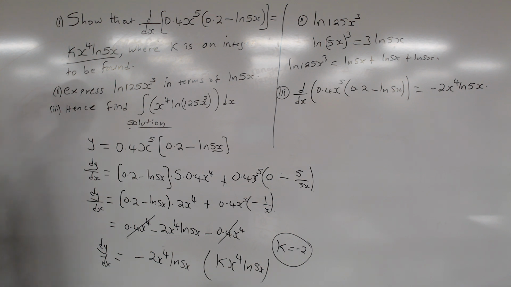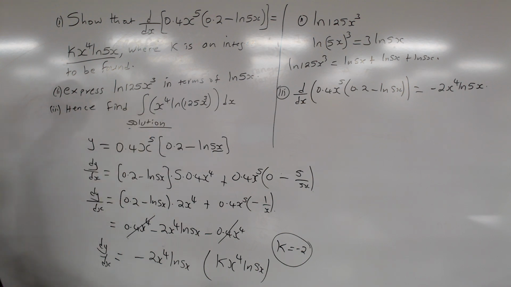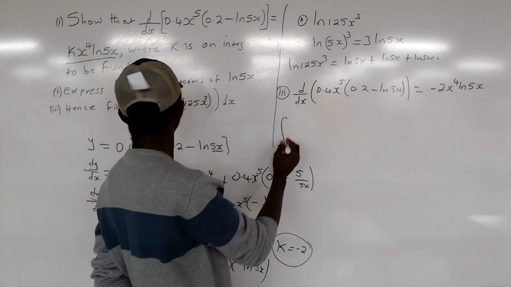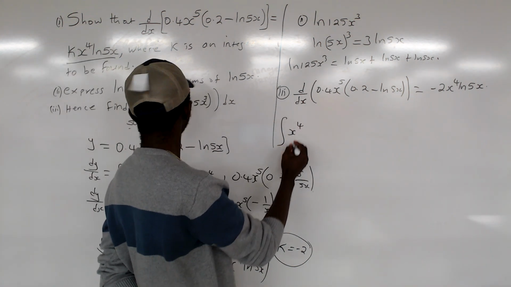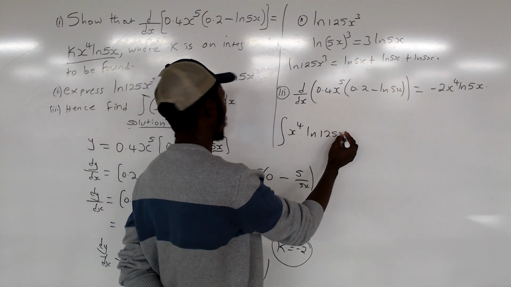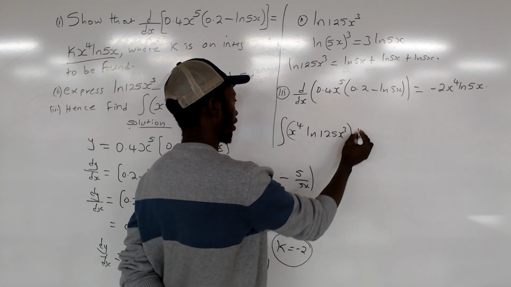So having this, we are required to evaluate this integral of x to the power 4 ln 125x to the power 3 dx. If we move forward, we consider the integral of x raised to the power 4 ln 125x raised to the power 3 dx.